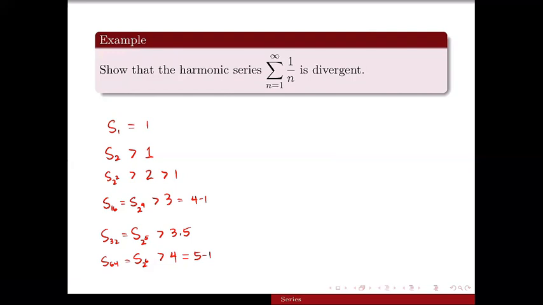Your partial sum in here, we will get, so we have your S, and then we have the subscript for S. So say your S sub 2 to the K is greater than K plus 1 over 2.